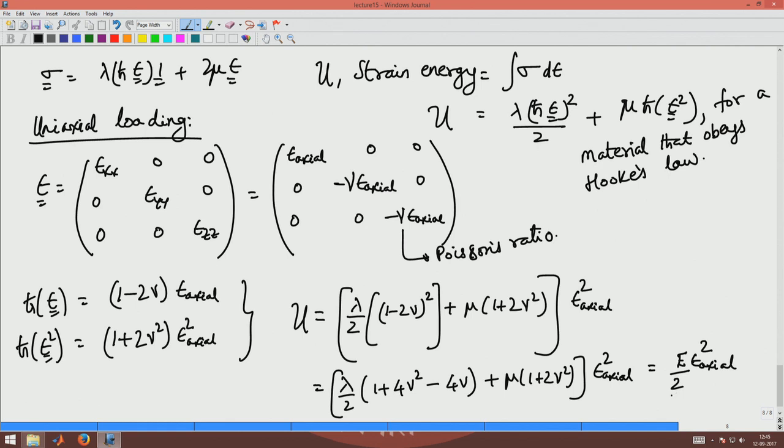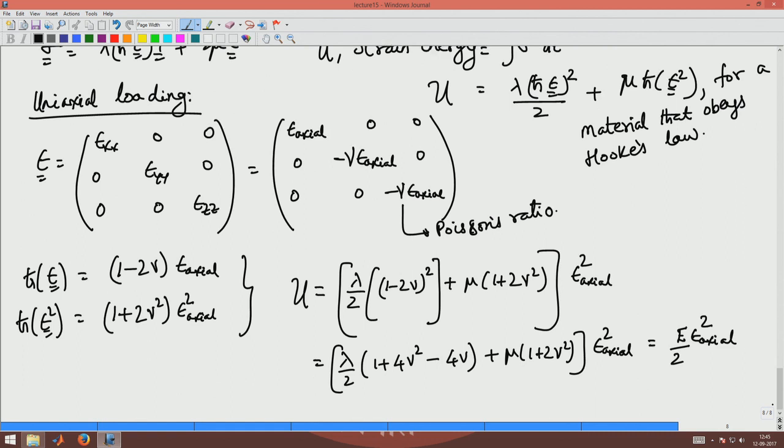Okay. In other words, you know that sigma axial is E times epsilon axial. The other components of stresses are 0. Okay.